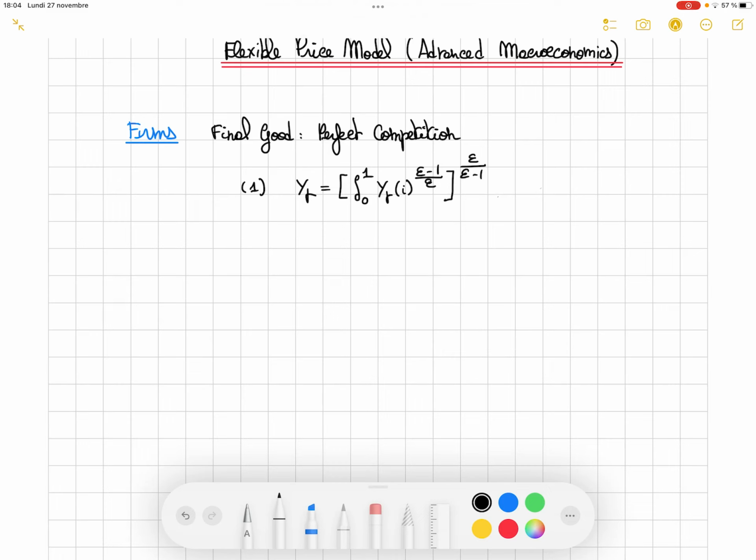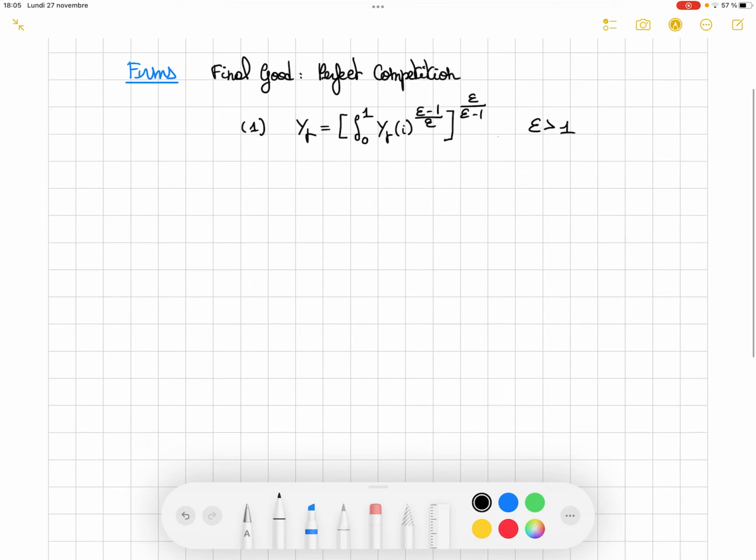You have just a sum. If it goes in the opposite direction, you are more in the case of goods that are perfectly complementary. So here, for the sake of simplicity, we will assume that there is some substitutability between the varieties. We will assume that this elasticity is higher than 1. Okay, so that's the beginning of the thing.